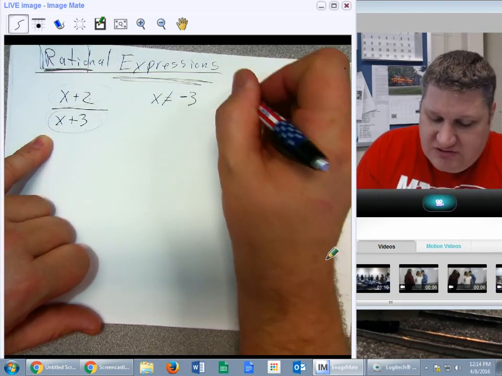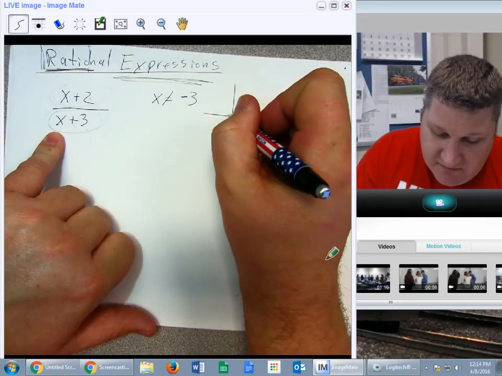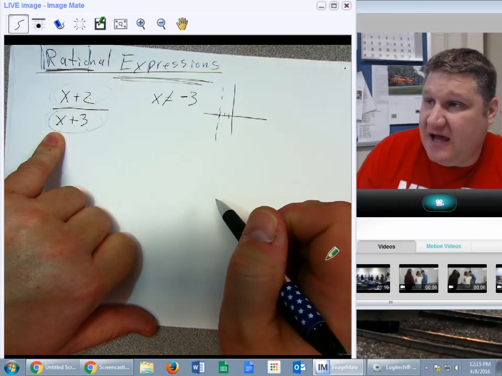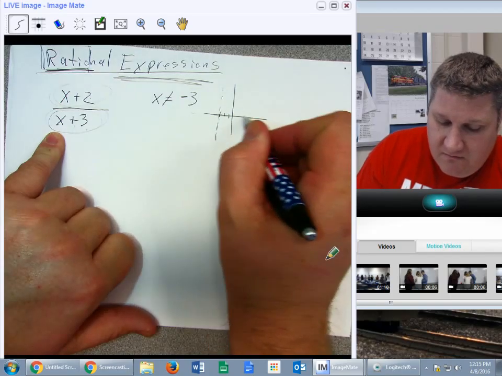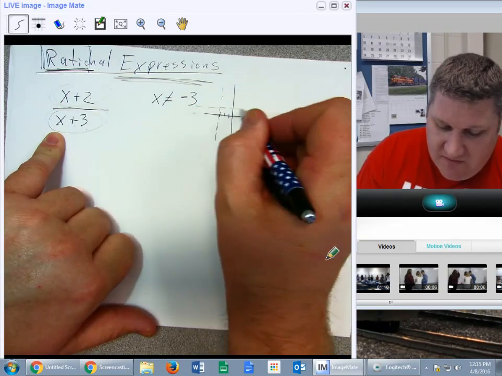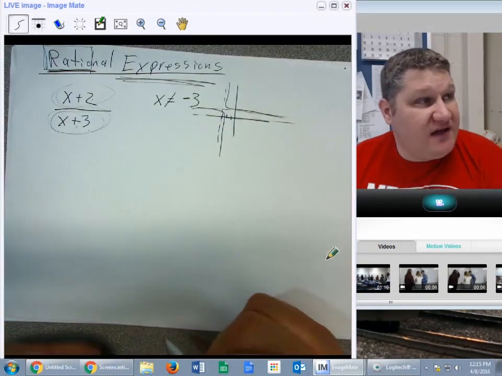If I were to graph it, I would have a vertical asymptote at -3, and my horizontal asymptote would be at 0. Actually, technically, my horizontal asymptote would be at 1 in this case, but that's for a whole different set of reasons. So you have something like this.